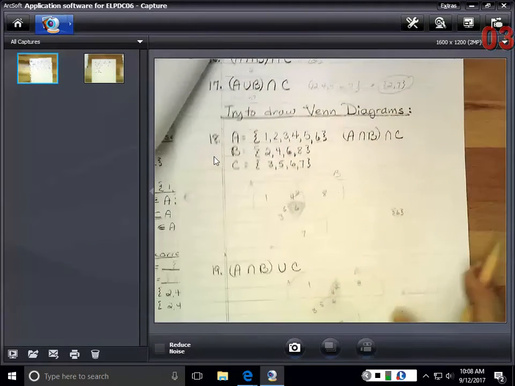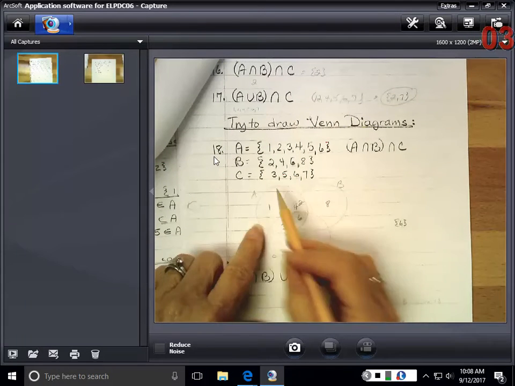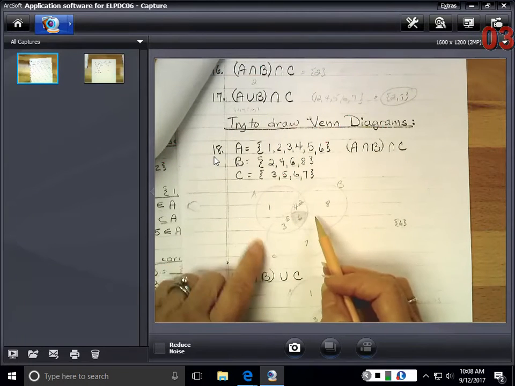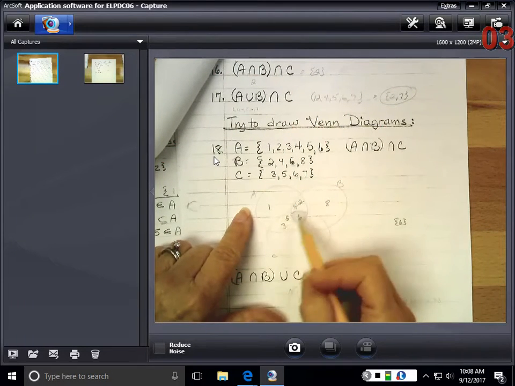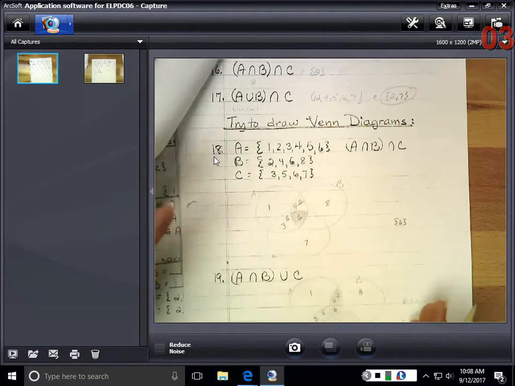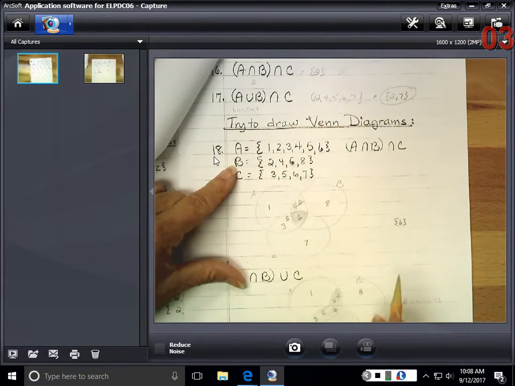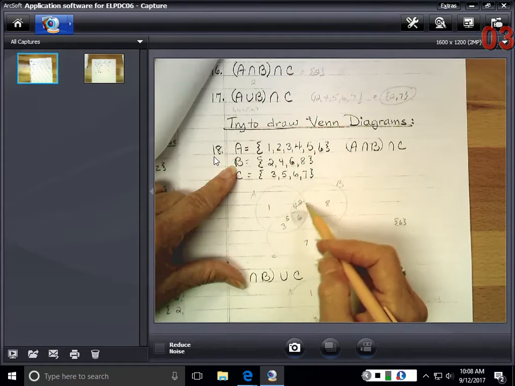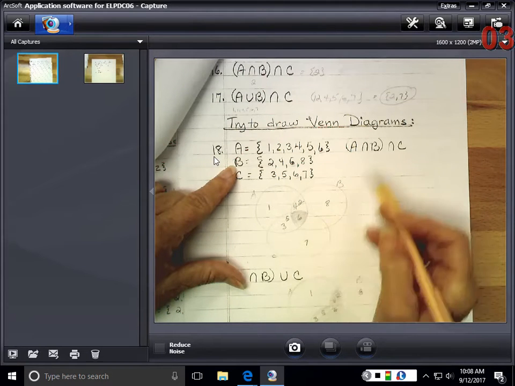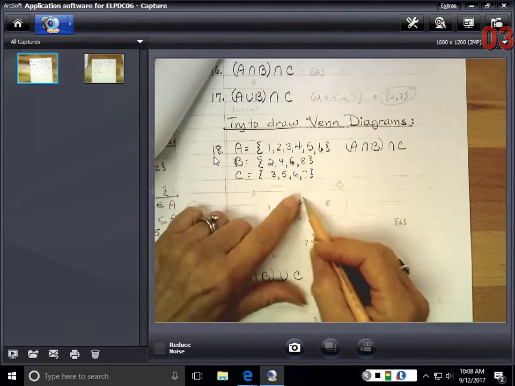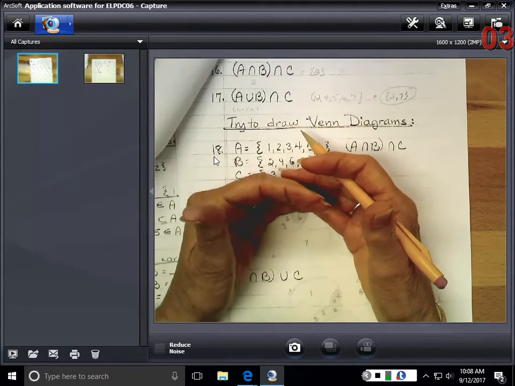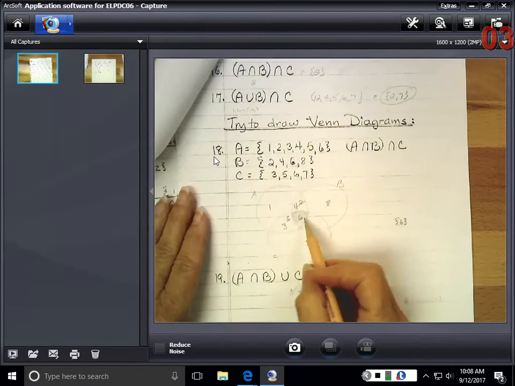Now the Venn diagrams, you need to draw them, A, B, and C, and put your numbers in there. That's the hardest part, figuring out where the numbers go. Okay, A intersects with B in this part right in here. But then you intersect that with C, and so the only place they have in common is that little part right in the middle.